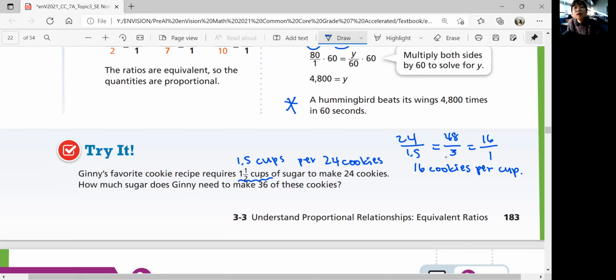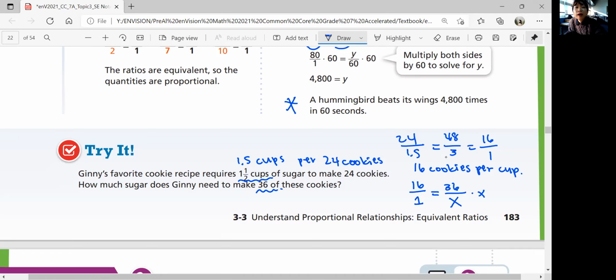So then write a proportion in order to get how much sugar for 36 cookies, right? So 16 cookies per 1 cup must equal 36 cookies per, we don't know. So that's going to be our variable x, and we want to solve for x, right?